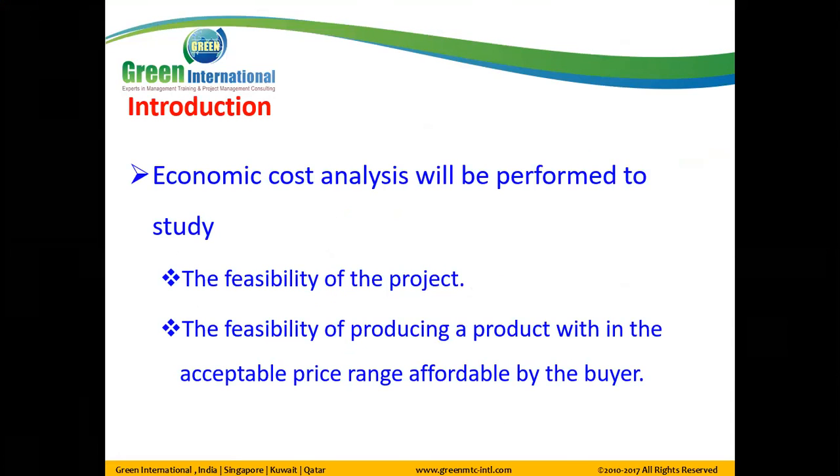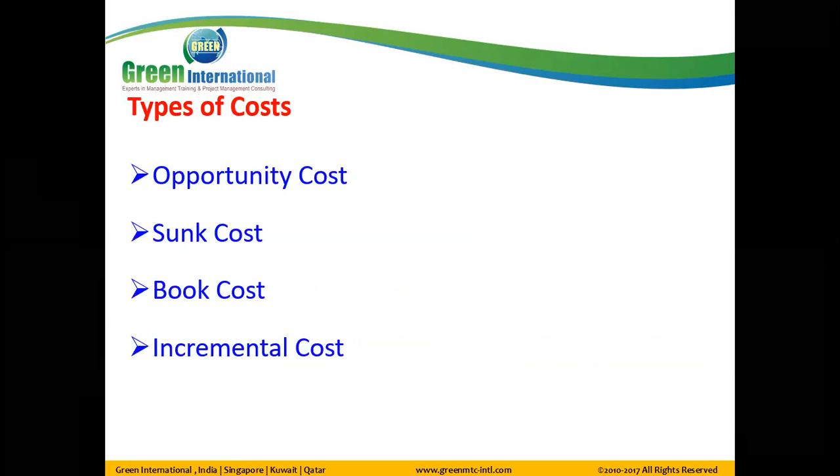When talking about a project or any manufacturing industry, the profitability, what is my total cost, direct cost, selling price, for those calculations this economic cost analysis will be performed. The feasibility of the project, then the feasibility of producing a product within the acceptable pricing range. So for this purpose, economic analysis is being conducted.